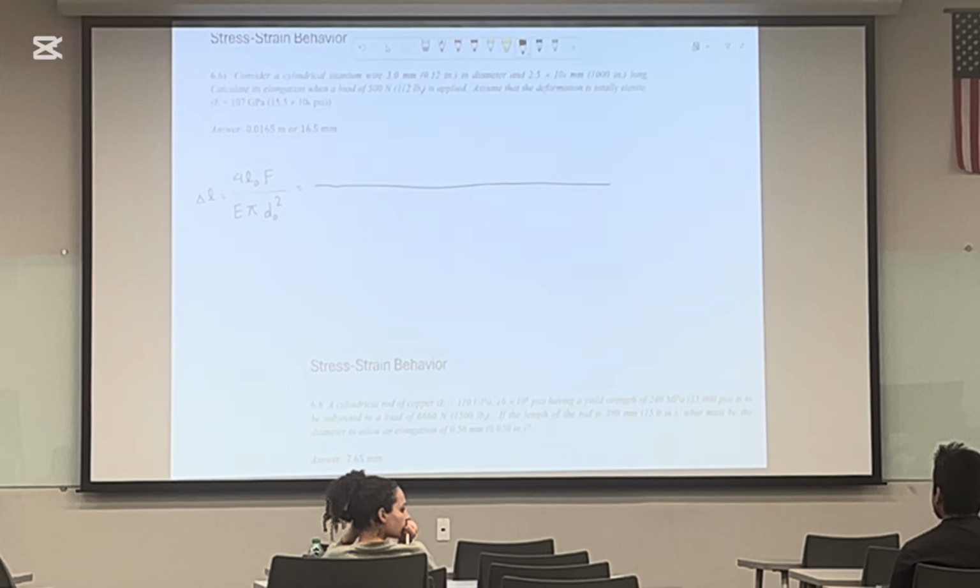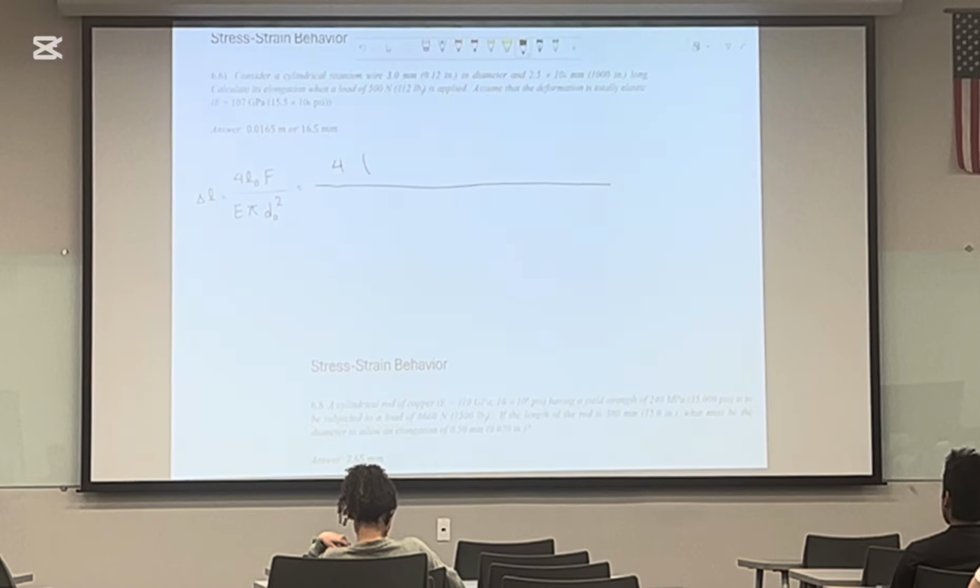Oh, and one thing you have to be careful about in this chapter is just the conversion of the units. It's very important. So what's our initial length?